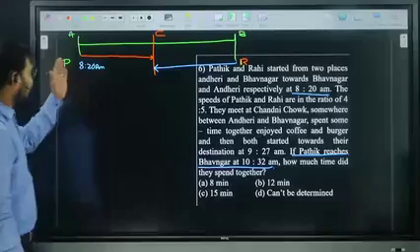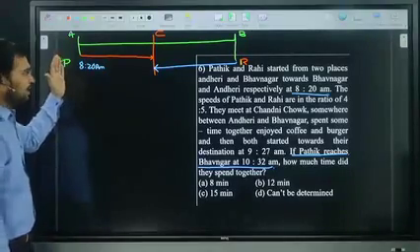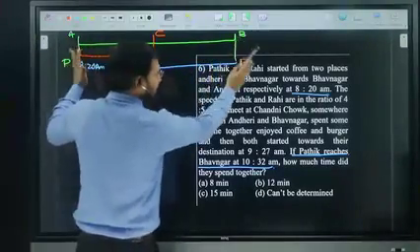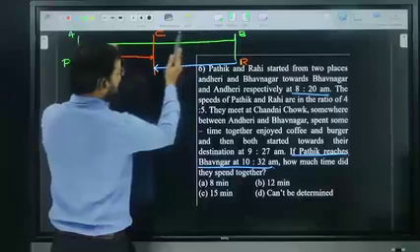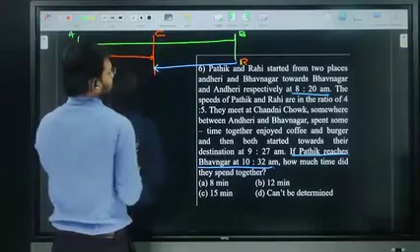At 8:20, Patik started from Andheri. At 8:20, Rahi started from Bhavanagar. Both meet at Chandni Chowk.